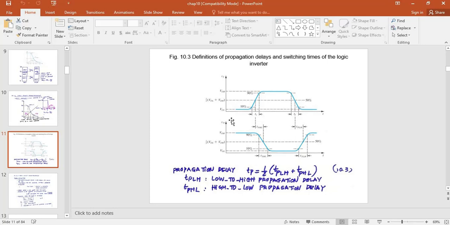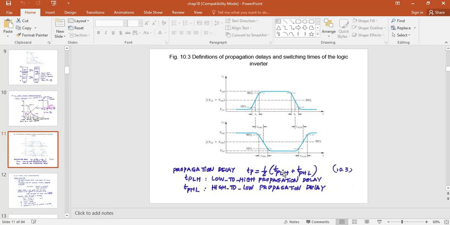To get the propagation delay, we need to get the values such as TPHL and TPLH.